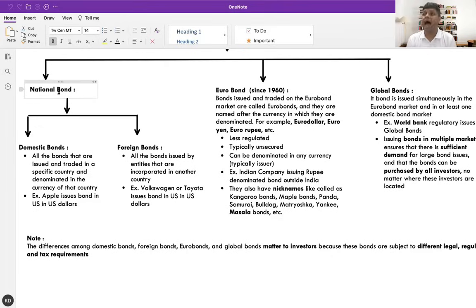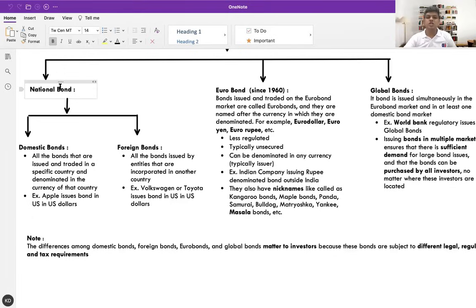So if Apple issues bonds in US dollars in the US, it's called a domestic bond. But if a Toyota or a Volkswagen or a BMW issues a bond in US dollars, then for a US citizen, it's a foreign bond. Why? Because a foreign company is issuing a bond in my country, in my currency.